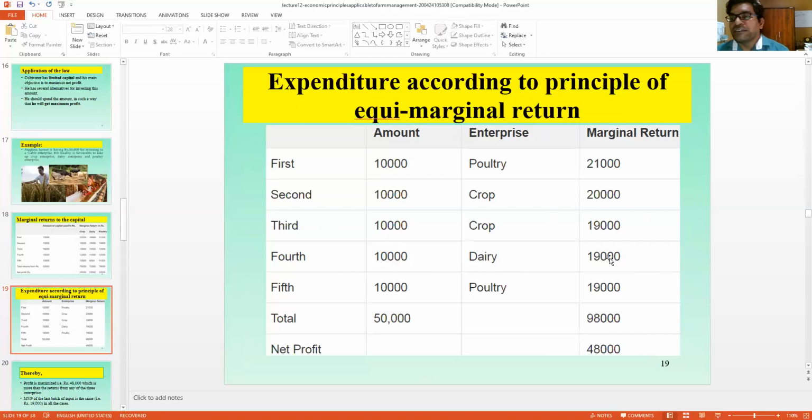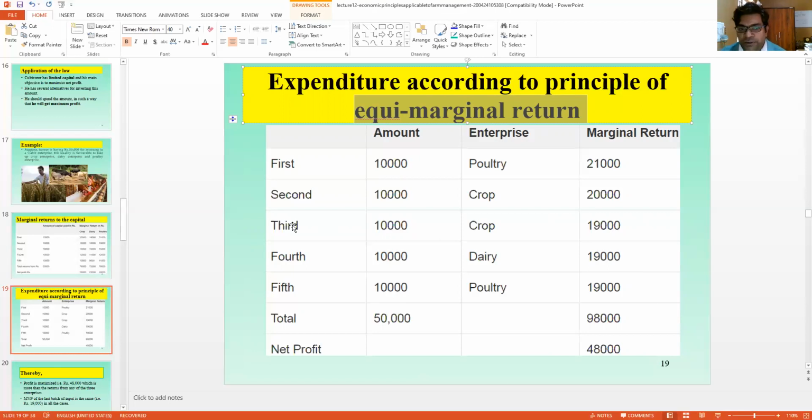In the previous case, the MVP was 19,000 rupees. Now by applying equi-marginal return, the farmer has to allocate the last unit, that is 10,000 rupees, to that enterprise where the MVP is more or less equal to the previous case.